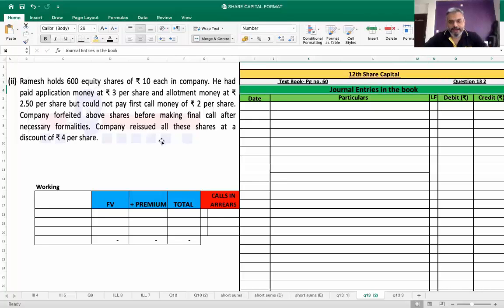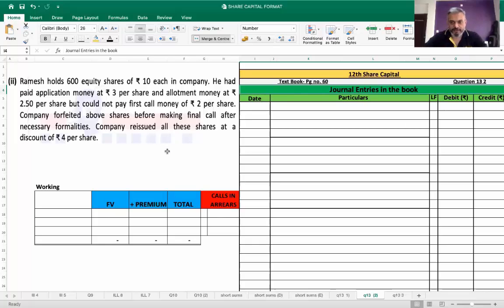He had paid application money of 3 per share and allotment money at ₹2.5 per share, but could not pay first call money of 2 per share. Company forfeited above share before making the final call after necessary formalities. Company reissued all these shares at a discount of 4 per share.